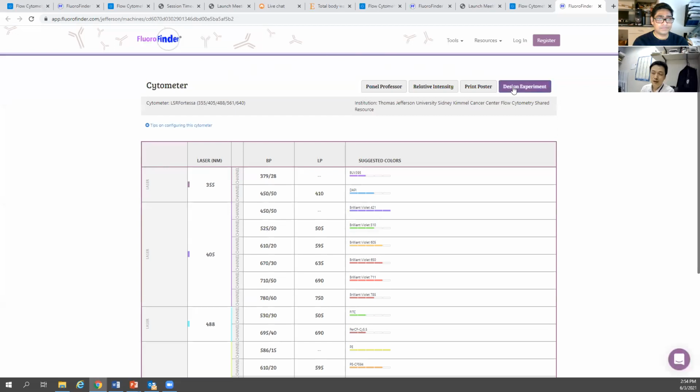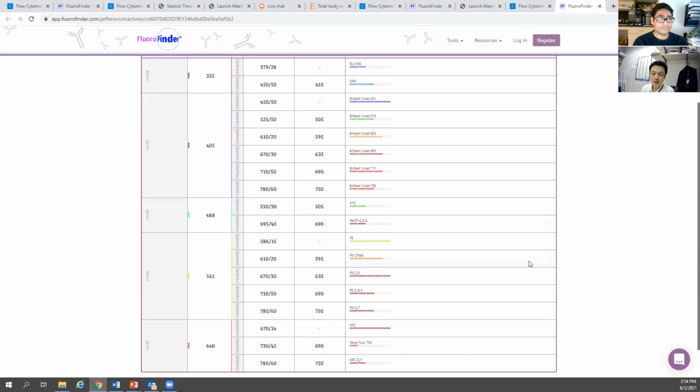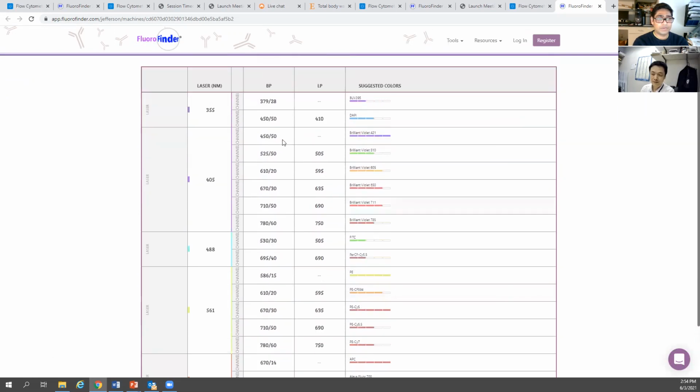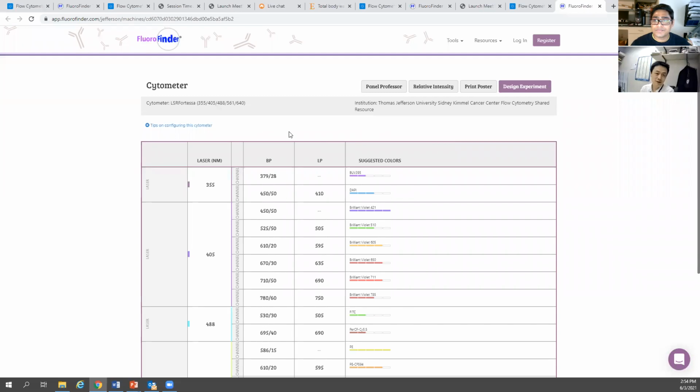It will open a web page called Flow Finder. First of all, these are the settings this machine has: which kind of lasers, what kind of filters, and suggested colors for this machine. If you want to design your experiment, you click this button.